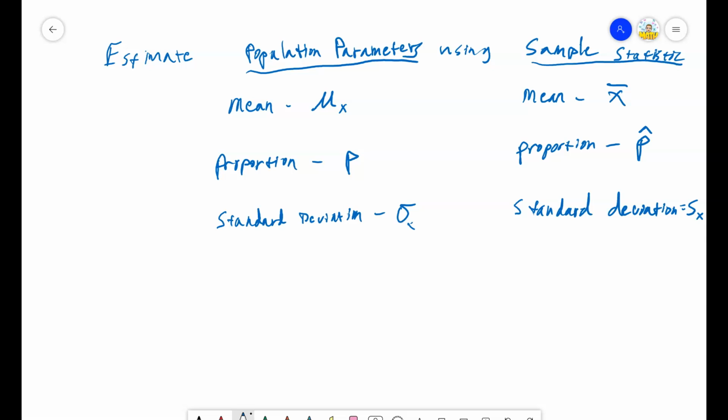This would be sigma sub x. So generally, these are all going to be unknown. We don't really know what these are. A lot of times in the beginning, as we try to study sampling distributions and understand the concept, we will say, assume we know that it equals such and such, but these are really unknown parameters. And we use sample statistics to estimate them.